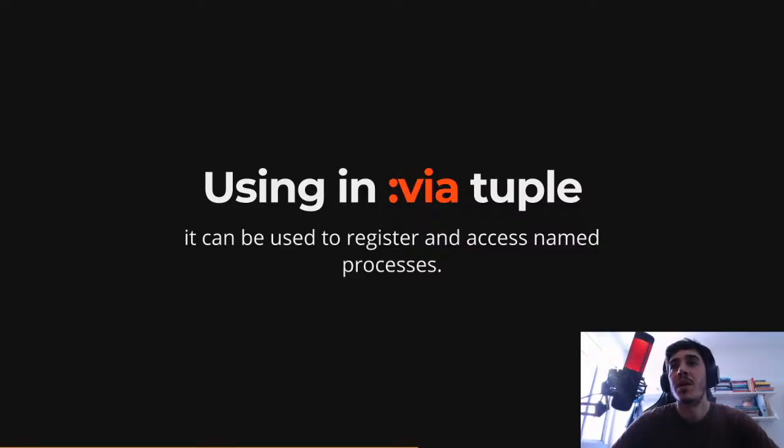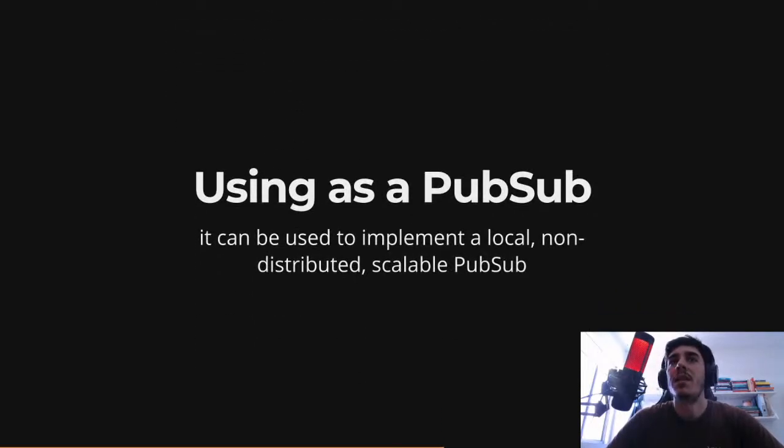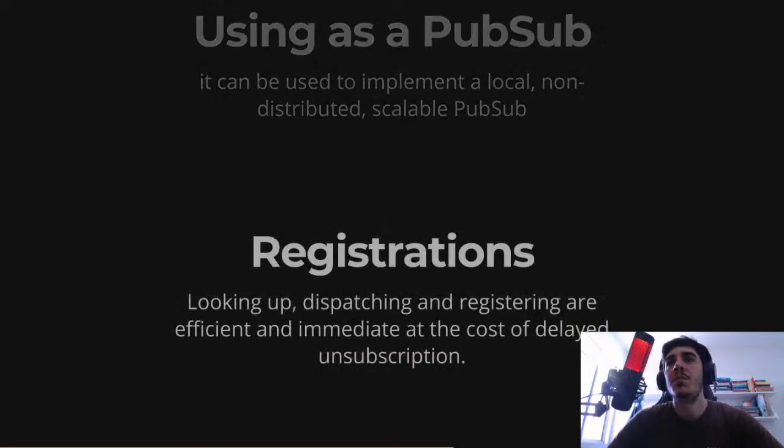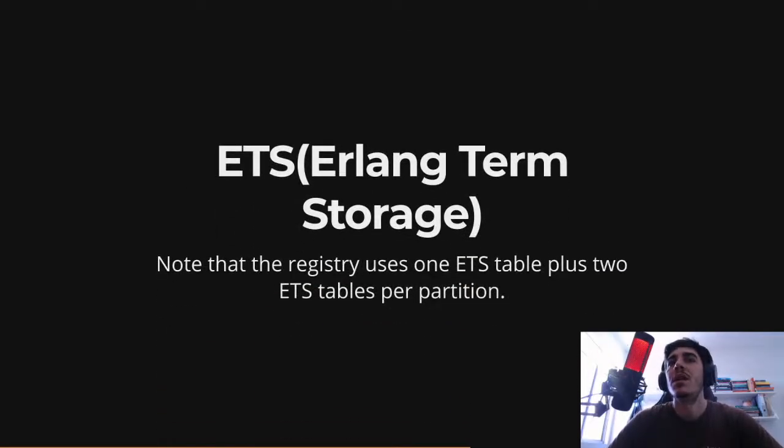It's the best approach we can use when we need to keep track of the processes running in our VM. Yes, we could use it as a dispatcher, and as a pub-sub too, and for registrations, like ETS as well.